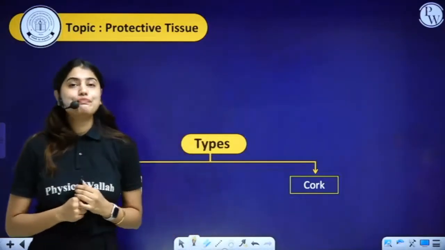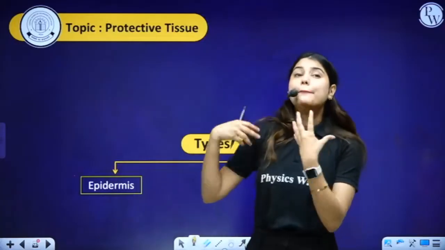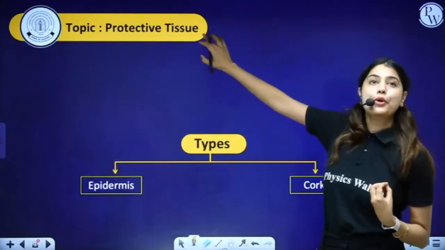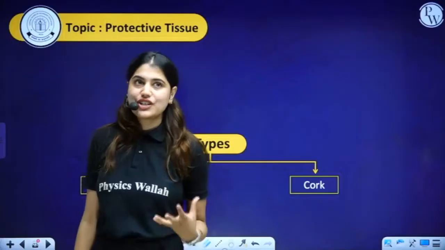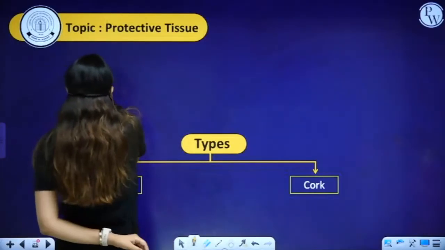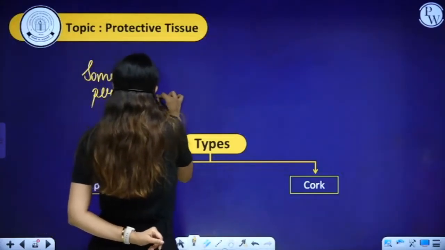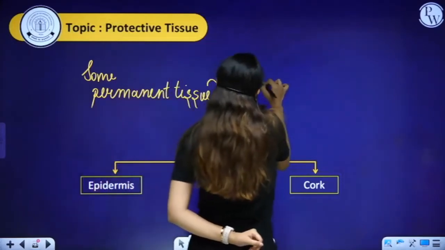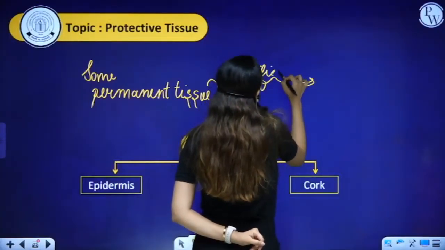Okay, now we have permanent tissue. Some types of the permanent tissue modify and take up the function of protection, and once those tissues take up the function of protection, they are called protective tissue. So basically I can say that some permanent tissue gets modified, that is some type of change is happening, right?